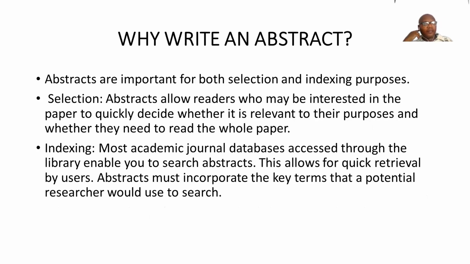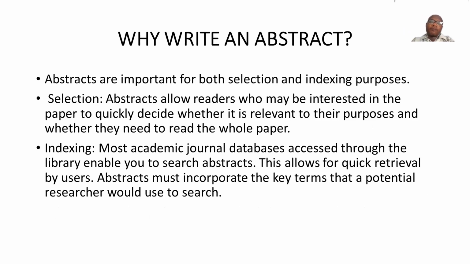So why write an abstract? Why is it important to write a summary or an abstract of your research project? Abstracts are important for both selection and indexing purposes. In terms of selection, abstracts allow readers who may be interested in the paper to quickly decide whether it is relevant to their purpose and whether they need to read the whole paper.